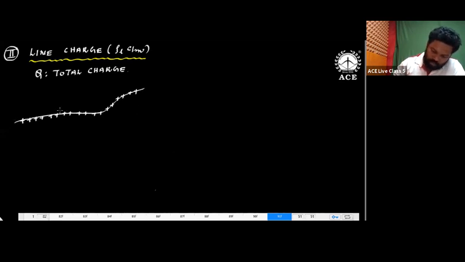Okay. Let me consider a small piece of a length here. What is the charge in this one? dq. And what is the length of this one? dl. Clear? Now I am going to introduce some new charge. I am going to define charge per unit length. Observe here.